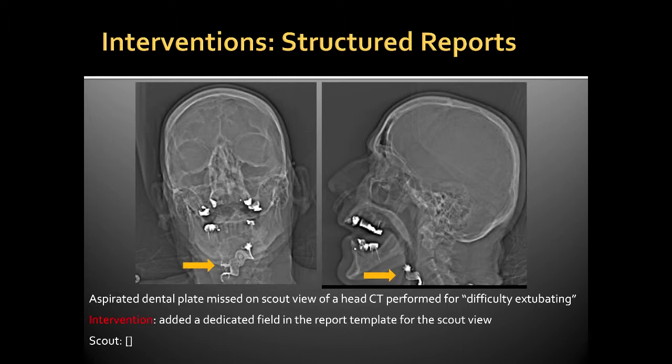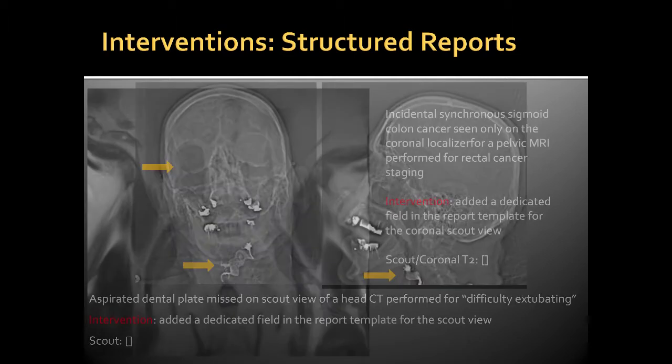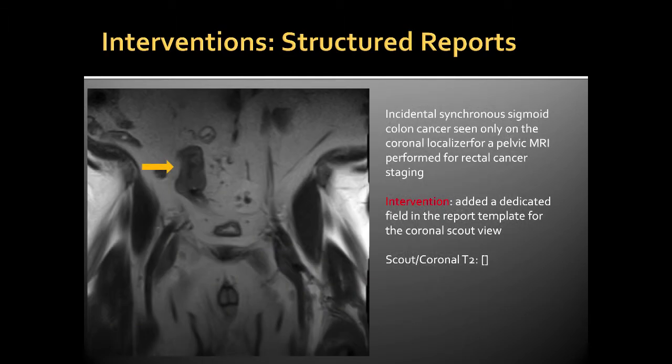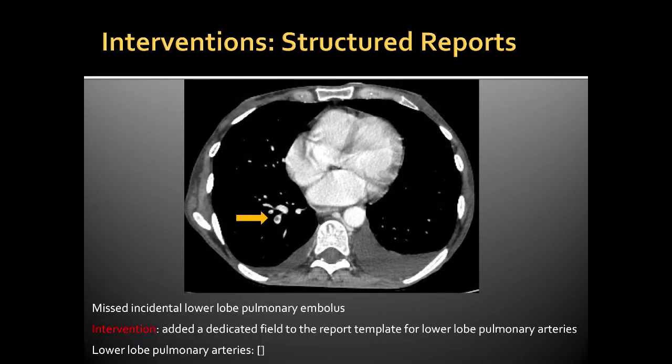So the intervention here is adding a dedicated field for people to look at the scout view. We can also do it for the scout and coronal T2 images, and this is the example I showed before of a synchronous sigmoid cancer that was missed on a rectal cancer staging study. The last example is for missed incidental lower lobe pulmonary emboli, where the intervention is to have a dedicated field for the lower lobe pulmonary arteries.